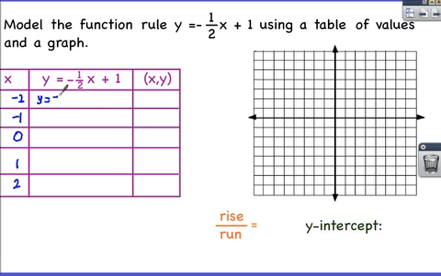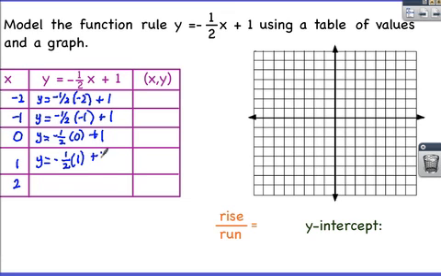So y equals negative 1/2 times negative 2 plus 1. y equals negative 1/2 times negative 1 plus 1. y equals negative 1/2 times 0 plus 1. y equals negative 1/2 times 1 plus 1. And y equals negative 1/2 times 2 plus 1.